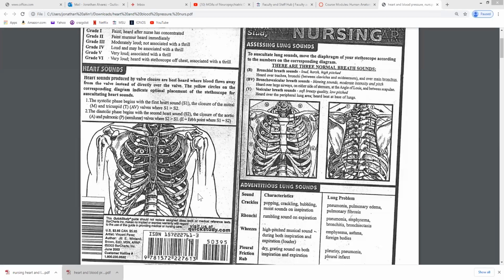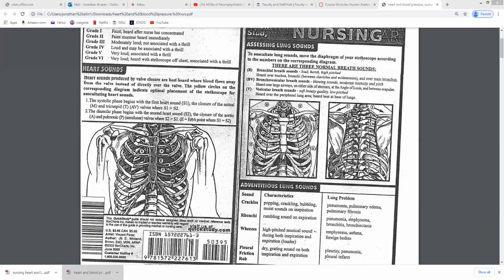In other words, you're going to place the stethoscope on the patient's right chest at the second intercostal space. Look at the mouse on your screen. Here's rib 1. There's the clavicle.